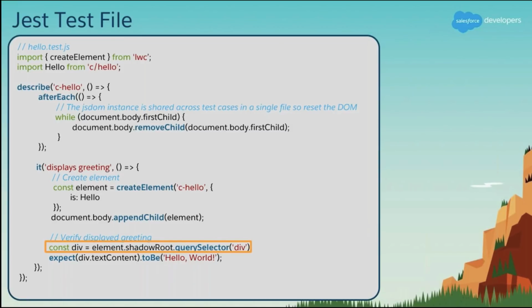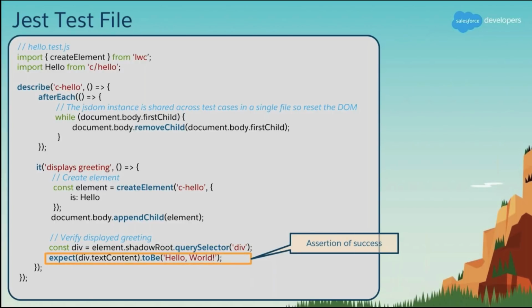If you want to compare it with your Lightning Web Components, this is what we do using this.template, which refers to the shadow root of your virtual DOM. That's what we are doing here, and we are getting the div. Once we have that div, this is the statement where we are testing for success, where we are testing for the assertion.